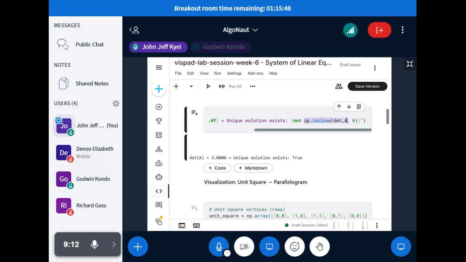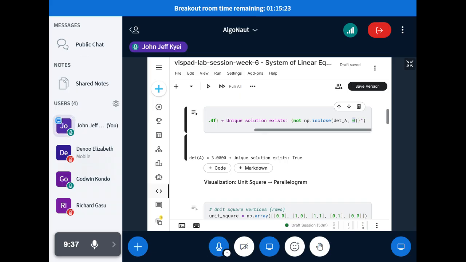So we check that this determinant, whatever value we get from this variable, if it's close to zero, it will say true. If it's not, it will say false.